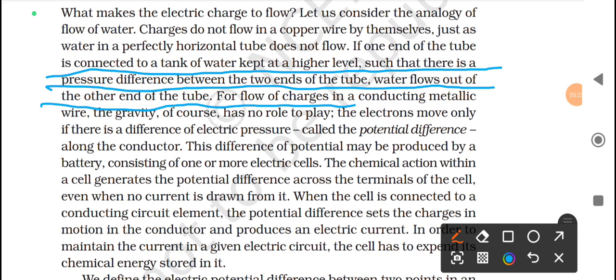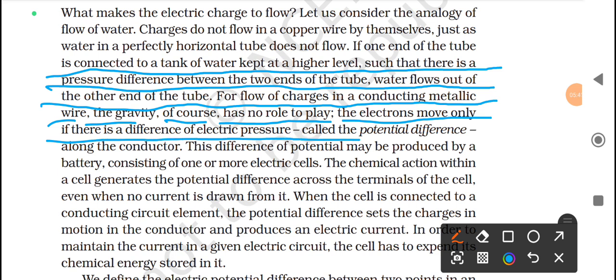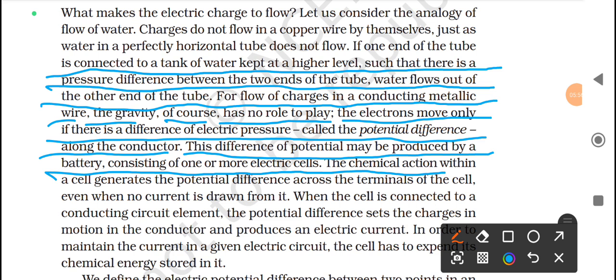For flow of charges in a conducting metallic wire, gravity, of course, has no role to play. Electrons move only if there is a difference of electric pressure, called the potential difference, along the conductor. This difference of potential may be produced by a battery consisting of one or more electric cells.